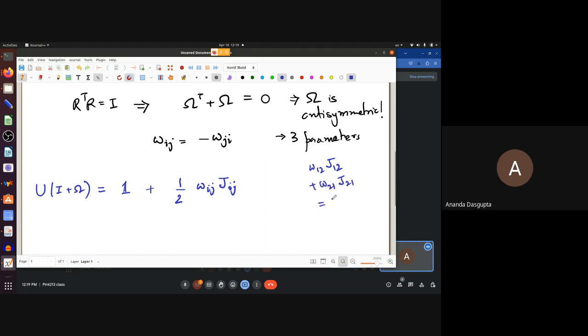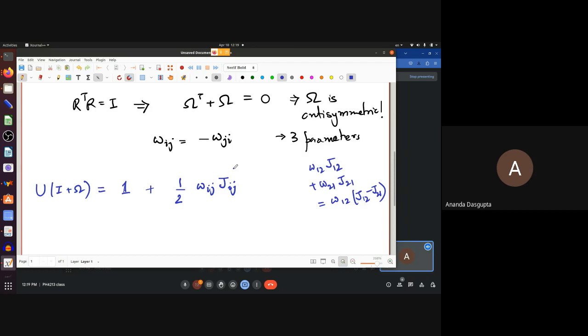So basically, you actually have omega 1 2 into J12 minus J21. So it's only the antisymmetric part of the Jij's which actually contributes. If the Jij's were symmetric in the indices, or had a symmetric part in the indices i and j, then that would not contribute in this sum at all.